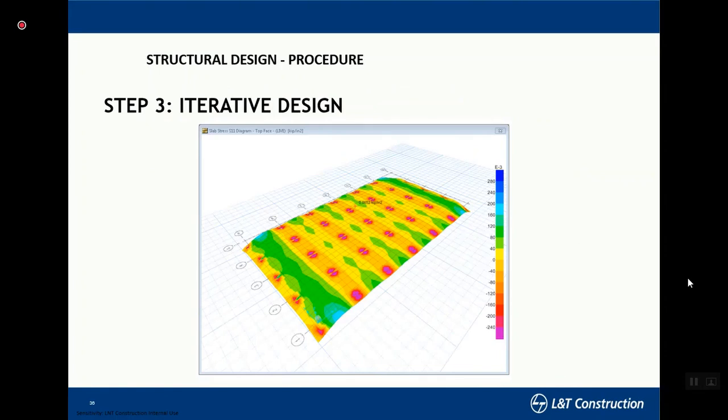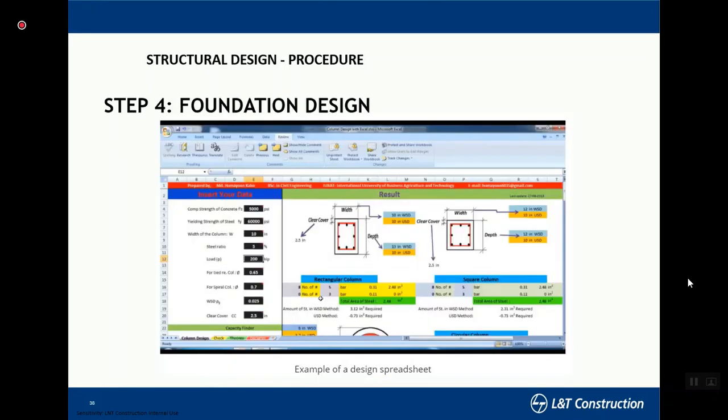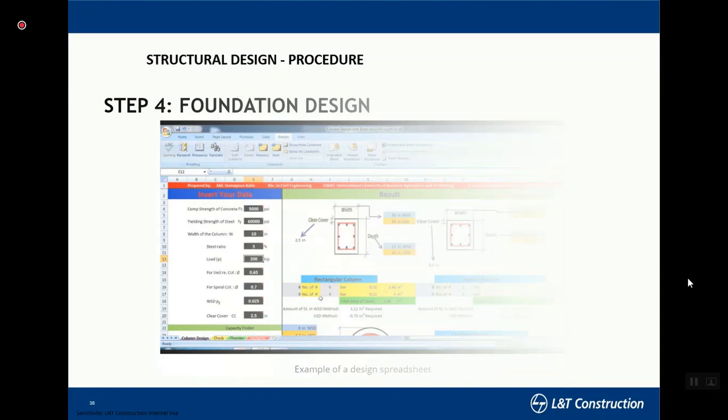And then we do the manual analysis for the same by determining the various forces coming on it, the loads coming on it, etc. And then design each member. It could be the foundation, columns, beams, etc. based on the analysis that we do, and generate the drawing. This has been the traditional process.